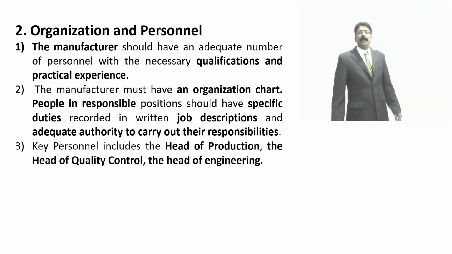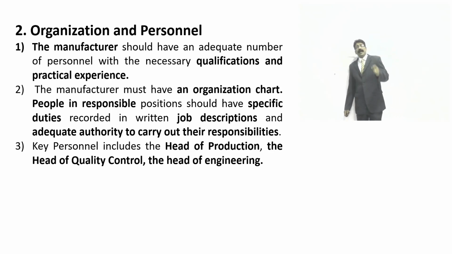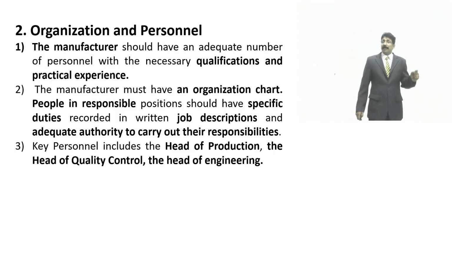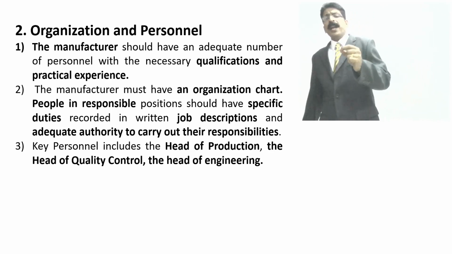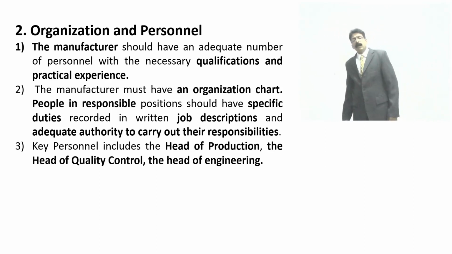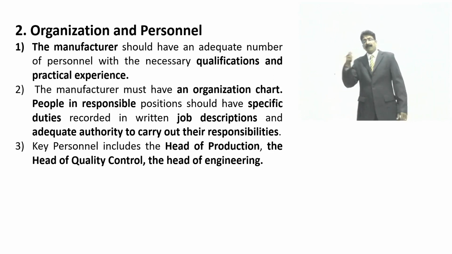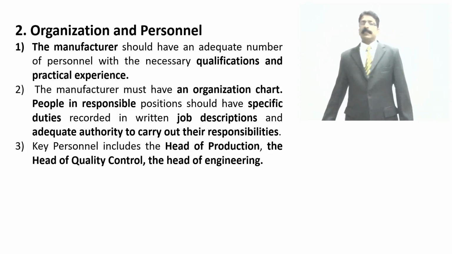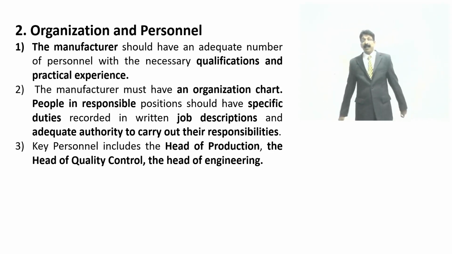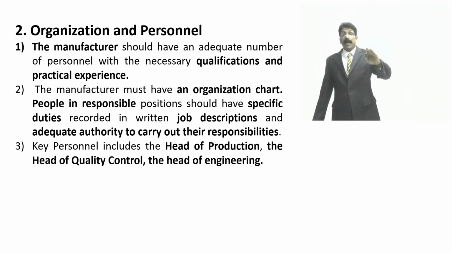Key personnel include the head of the production, the head of the quality control, the head of the engineering. Here I want to make it clear what these are. When you go to a pharmaceutical industry, there will be many departments. Mainly these three are the main departments for the production area. They are the main people.